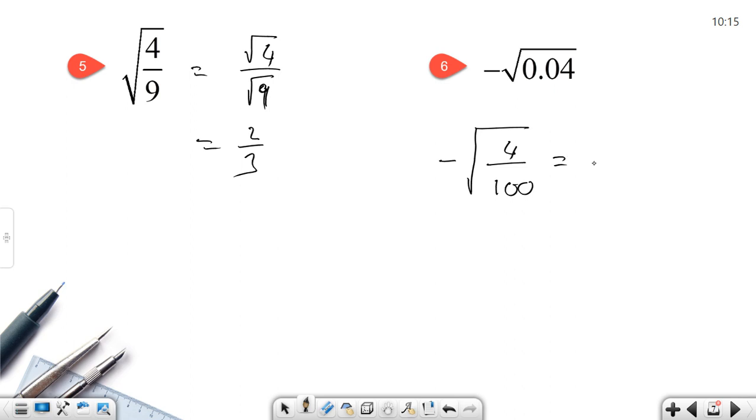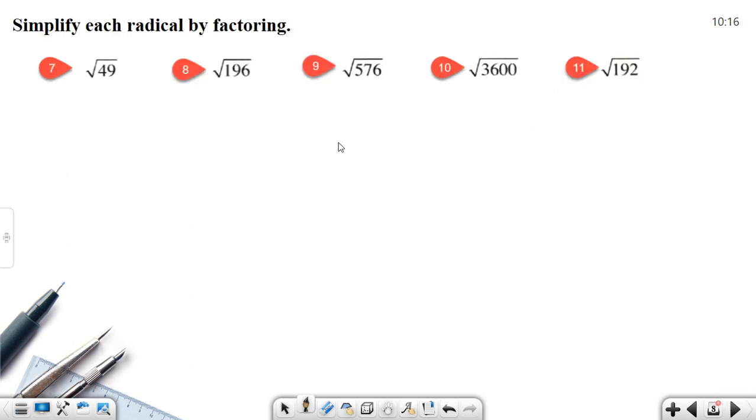Because of the property, I can directly write square root of 4 is 2, and negative, don't forget this value is negative. Square root of 100 is 10. Instead of writing these steps, you can do that mentally. Square root of 4 is 2, square root of 100 is 10, because the property lets us do that. Negative 2 over 10, is it enough? Of course, we can simplify 2 over 10, negative 1 over 5. Don't forget to simplify the fraction.